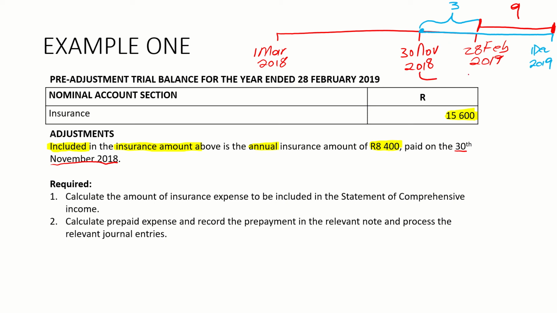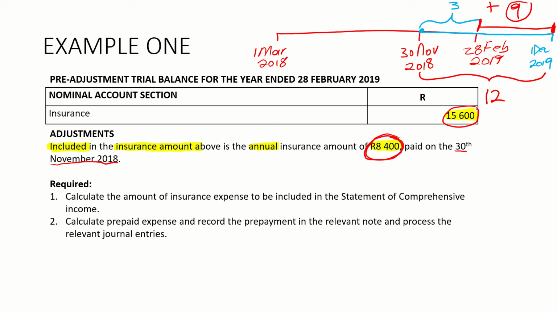From the 30th of November to the 1st of December 2019 is a period of 12 months. 3 months have already been included, meaning the 3 months plus the 9 months are included in that 15,600. We do not need the 9 months because that has not been incurred yet. That is a prepaid expense because it falls into the next financial year.